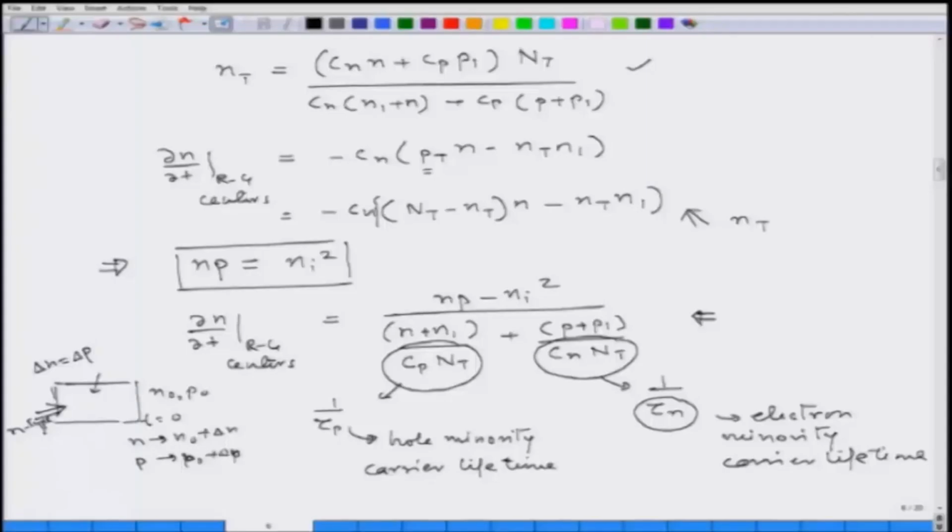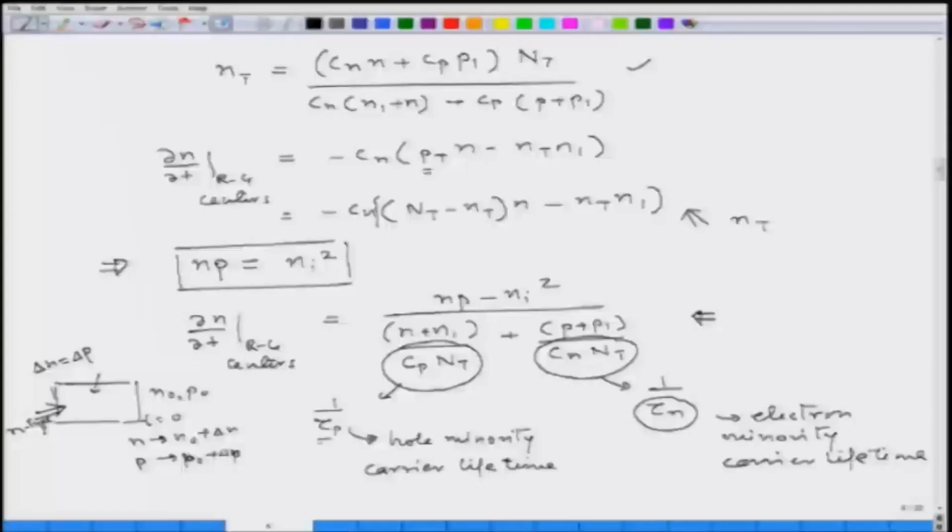So, the tau n and tau p parameters, which are defined by the mechanism of R G center thermal generation or recombination, signify, if I create excess carriers in a material, how long the minority carrier can survive in the material before it is annihilated by the majority carriers.